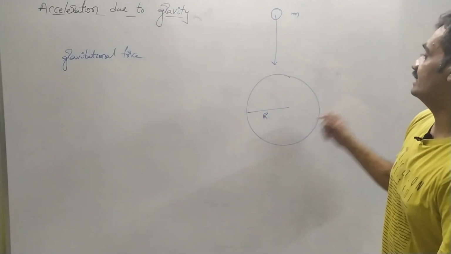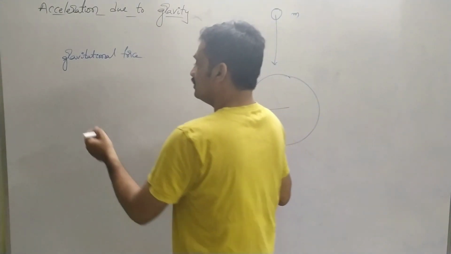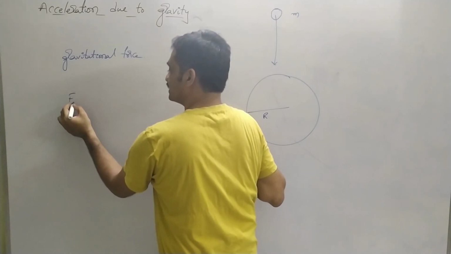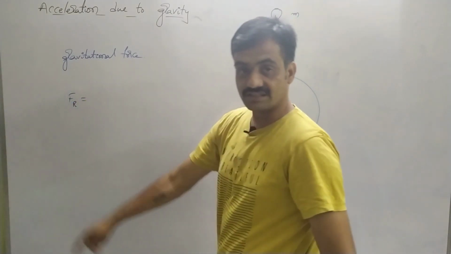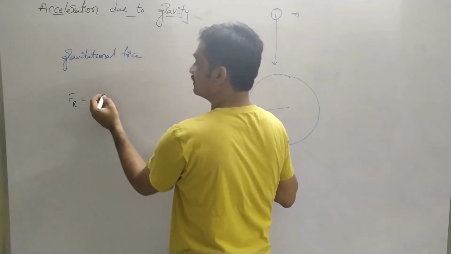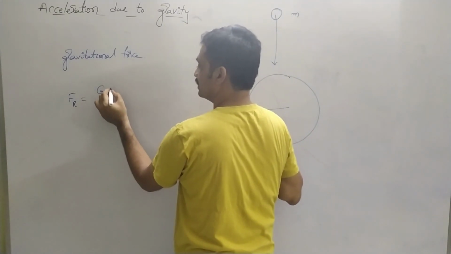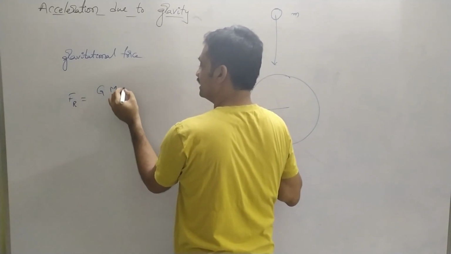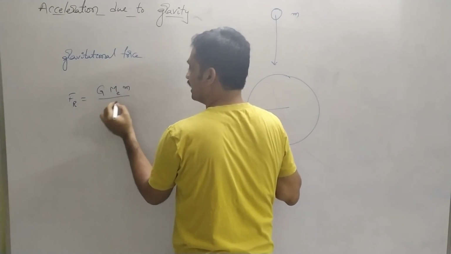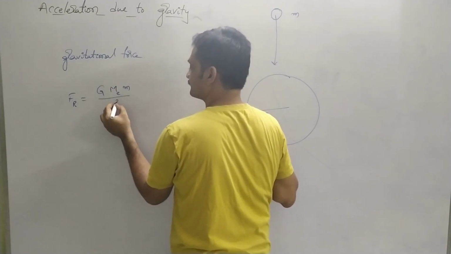So here the force acting on the body is represented as F suffix r, nothing but resultant force. F suffix r is equal to G into capital M suffix E small m by r square.